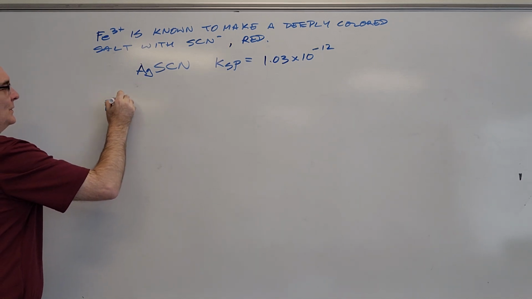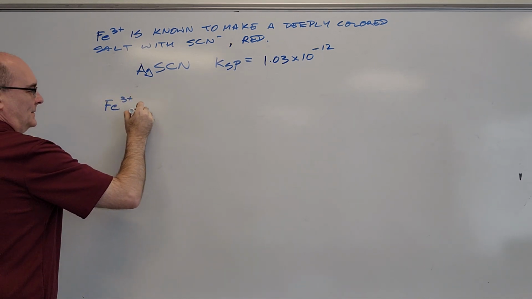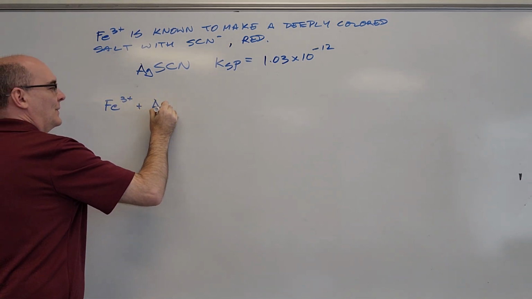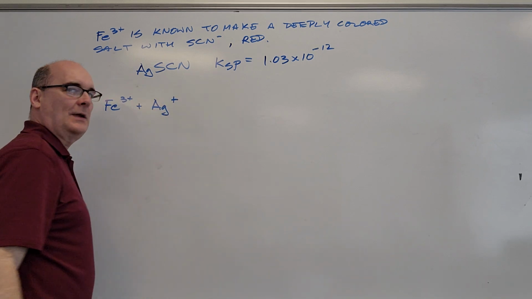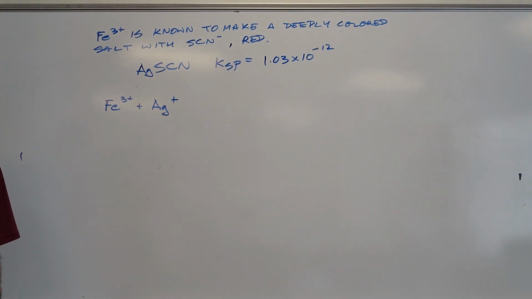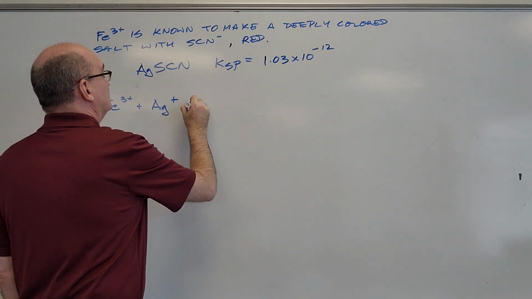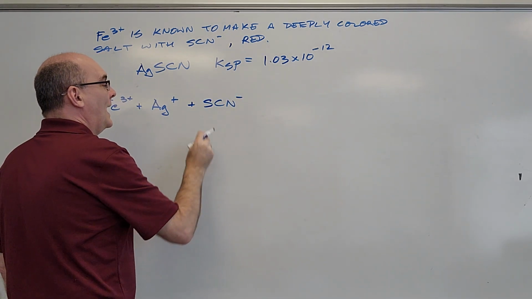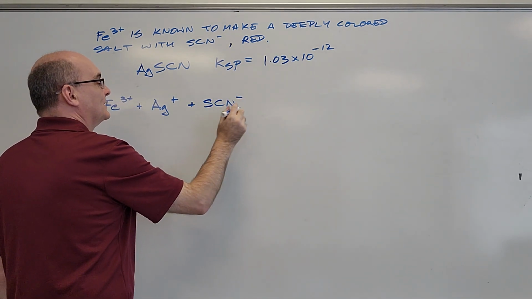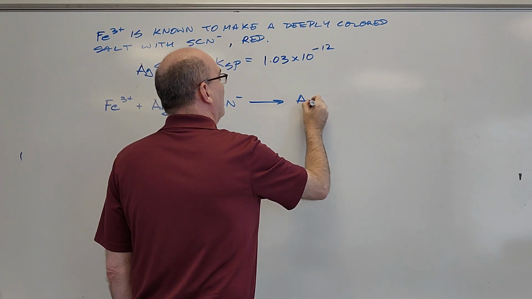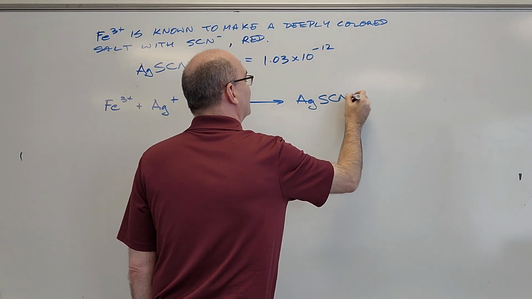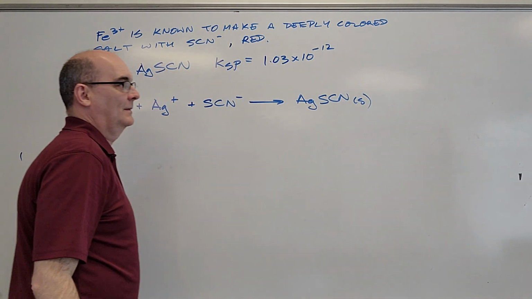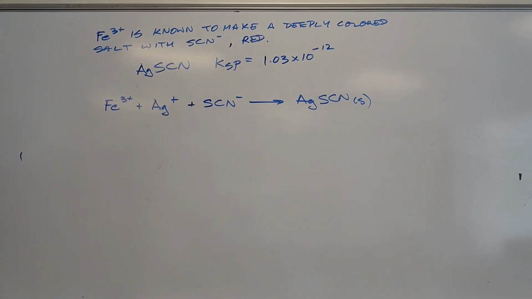So what we do is we add iron to the mixture that we want to find the concentration of the silver of. Right. And then we add the thiocyanate. And this makes insoluble silver thiocyanate.